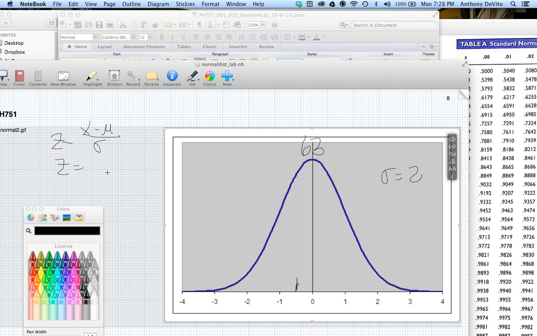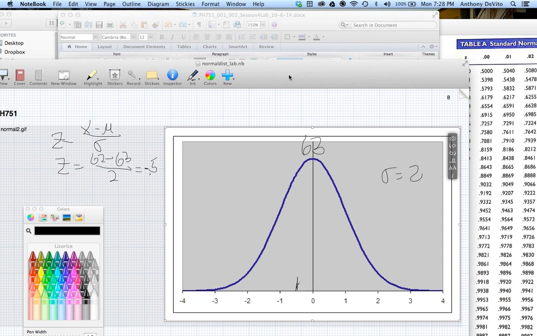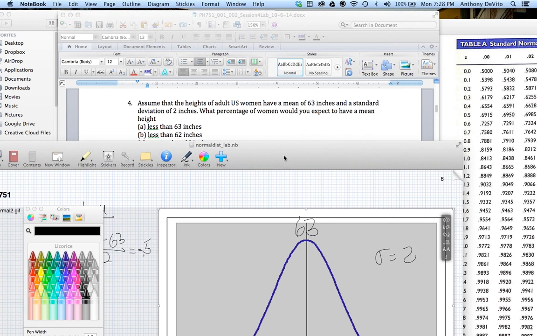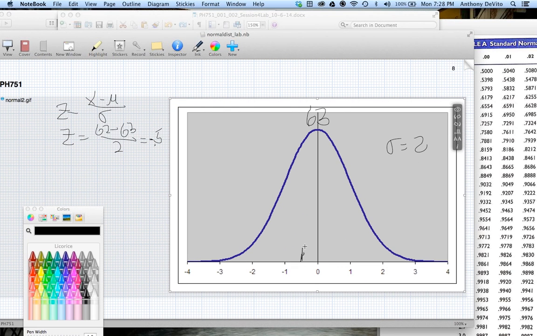Z is equal to, what's x? The value we're looking for the z-score of? That's our 62, right? Minus the mean, 63, over the standard deviation, 2. What's this equal to? Negative 0.5. So if I want to know the probability of being less than 62 inches, that would be the area to the left of that, right?